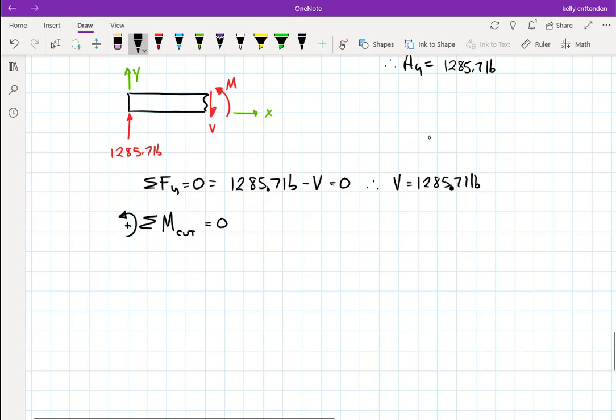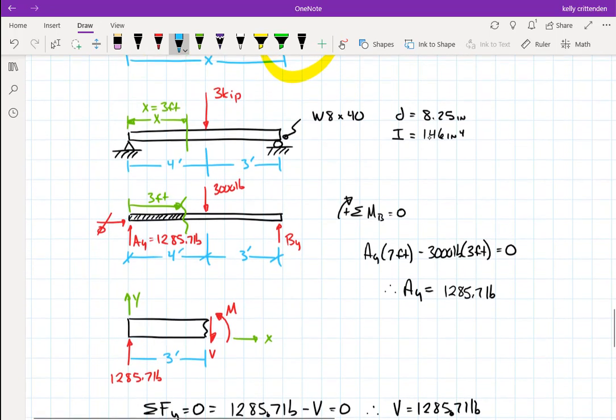So far, the shear force keeps that little section of the beam from moving up and down. We got that in balance, but the combination of the way that shear force is and that 1285 reaction at A would make this little section of beam spin around clockwise. So this bending moment is stopping it from doing that. I didn't put it on here, but remember we were interested in it when this distance was 3 feet.